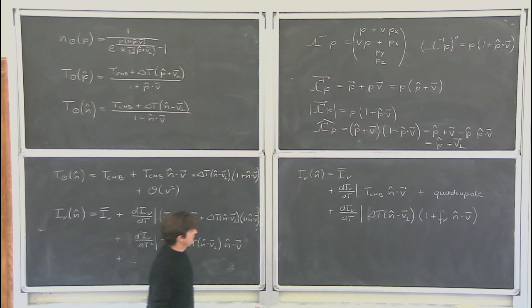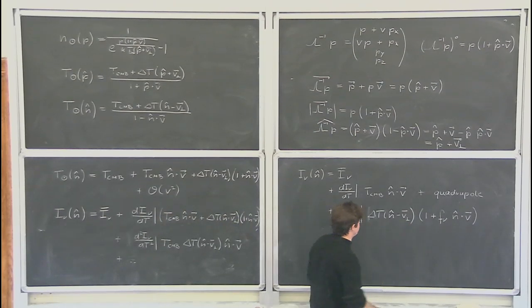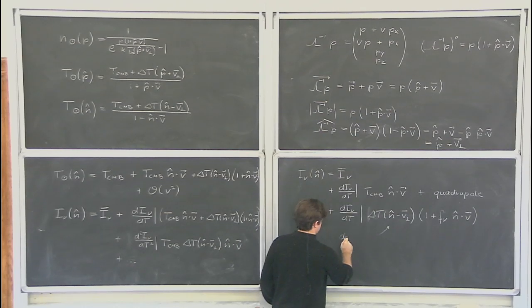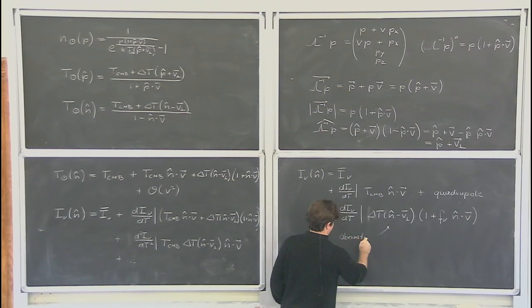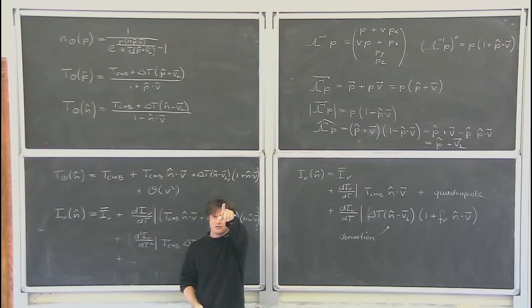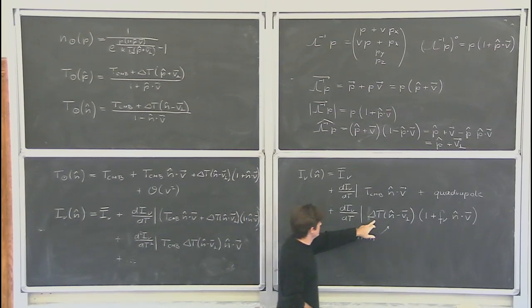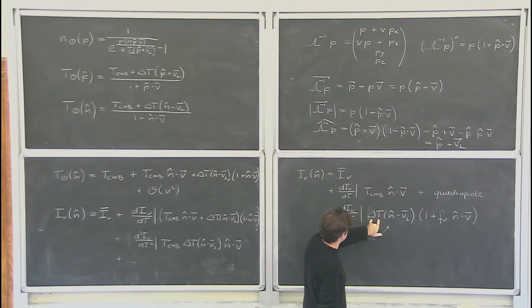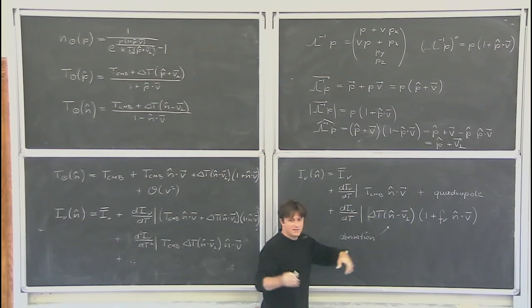And so if you look at this now, you see that there are two effects. The first one is this one. This is the one that's referred to as the aberration. So if you're looking in the n hat direction, then you don't see the temperature fluctuation that's in the rest frame in the n hat direction.